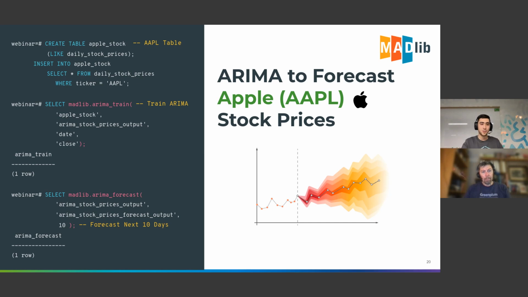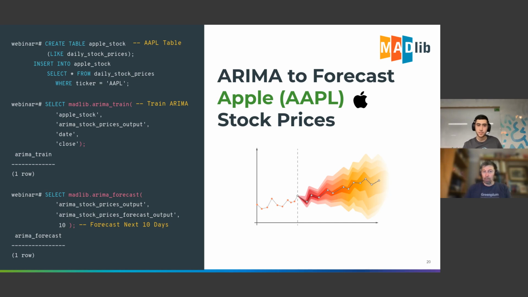And how can we do that, Martin? Can you explain the SQL that we see on the left? Okay, at the left side we're just collecting the Apple stock from all the ones that we have. You could create a table or a view, it doesn't really matter, but it's a nice way to separate out the Apple stock.